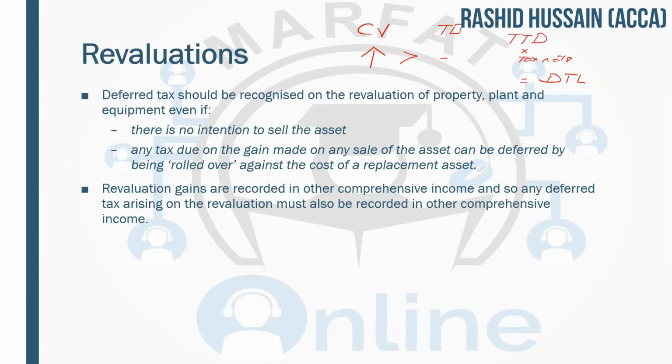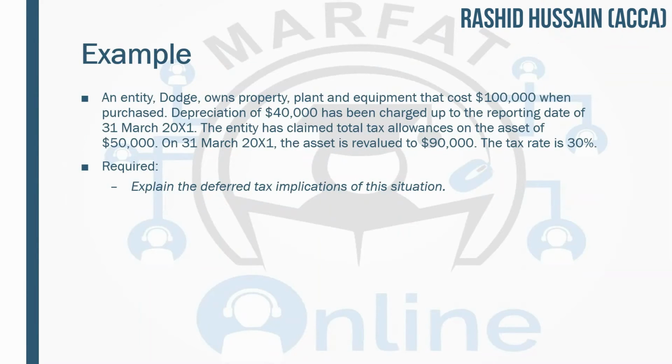Now we need to have an example to understand this concept. Alright, an entity Dodge owns property, plant and equipment that cost 100,000 when purchased. Depreciation of 40,000 has been charged up to the reporting date of 31st March 20x1. That means we can simply calculate the carrying value: 100,000 minus 40,000, 60,000.